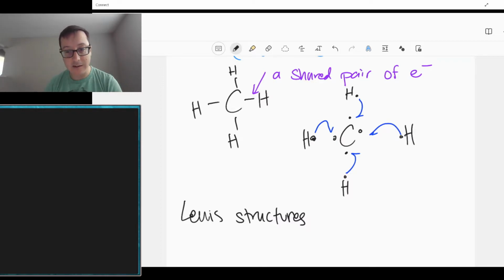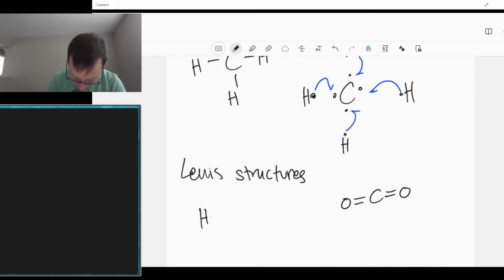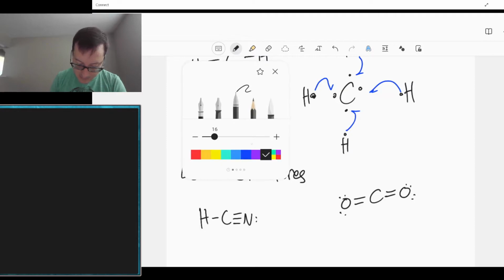Okay, and so we're going to see how to make these. However, I do want a couple more examples. I want to show you a few things. This is another one. These are a couple of examples as well.